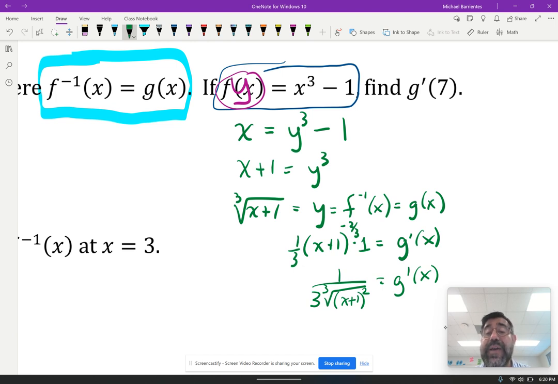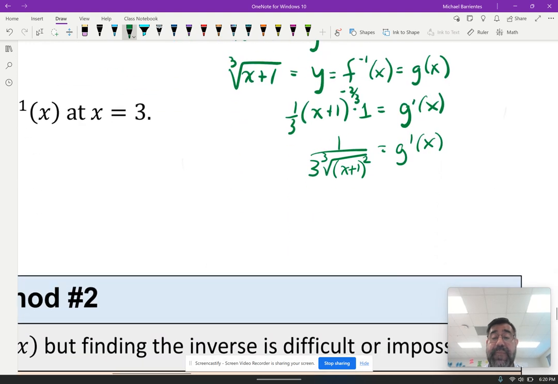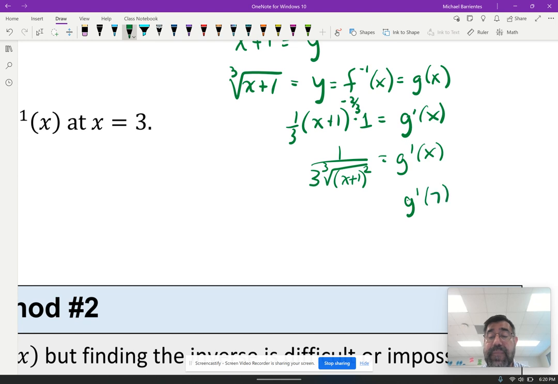We're looking for the derivative at x equals 7, so I'm going to substitute 7. g prime of 7 is 1 over 3 times the cube root of 7 plus 1, squared. 7 plus 1 is 8, and 8 squared is 64.